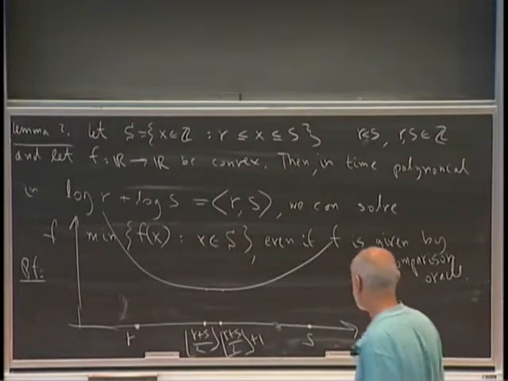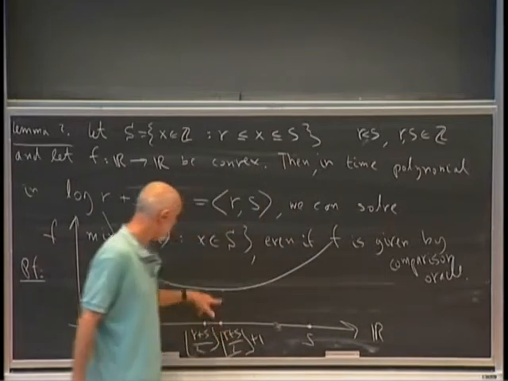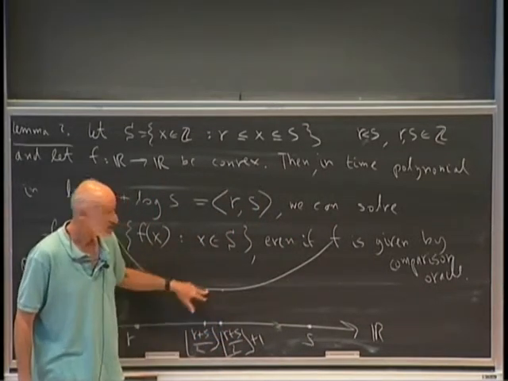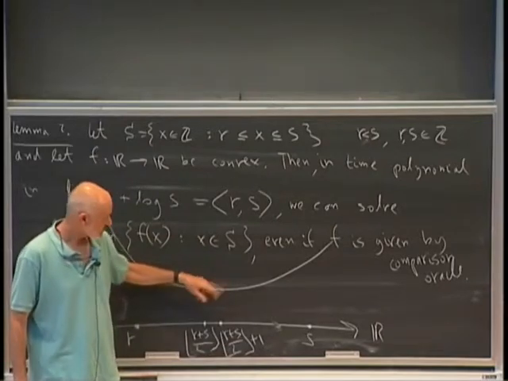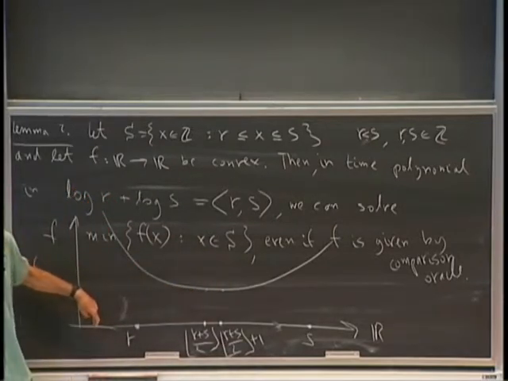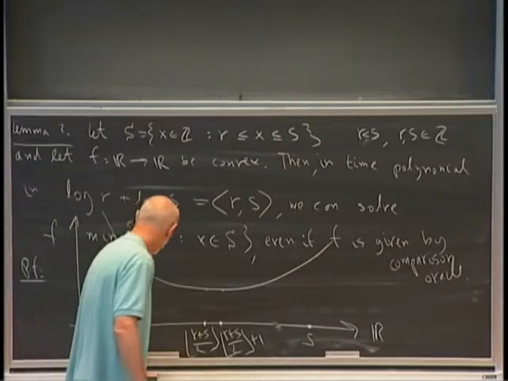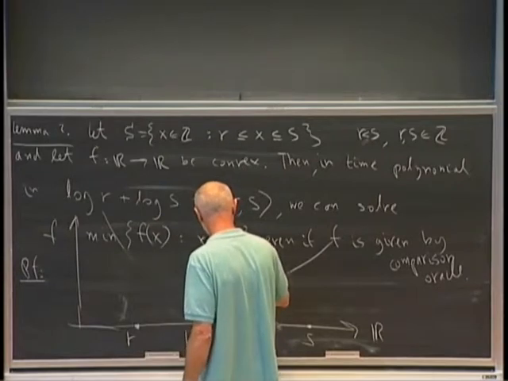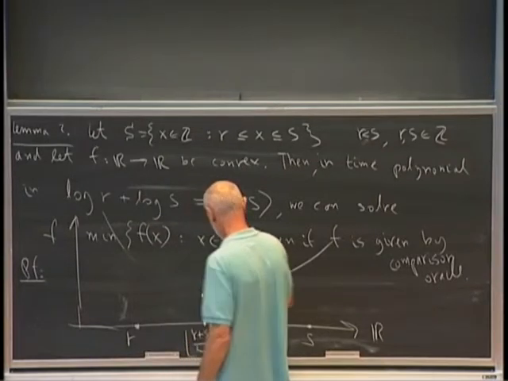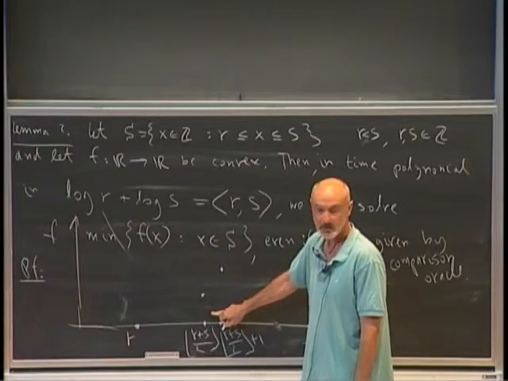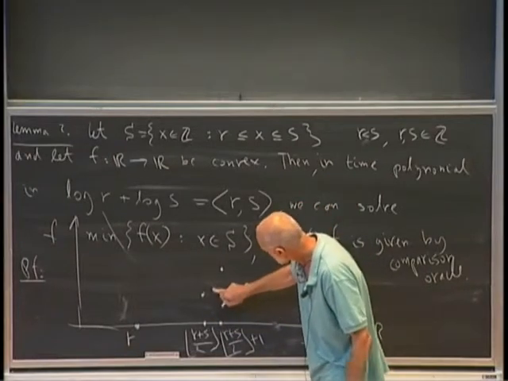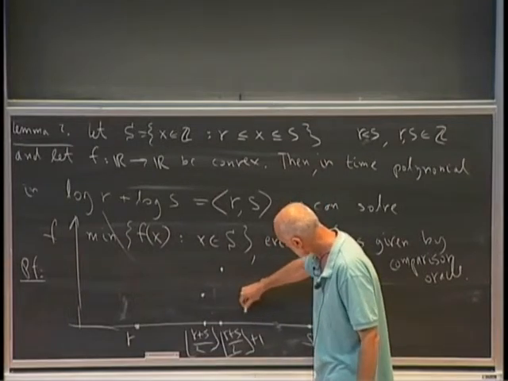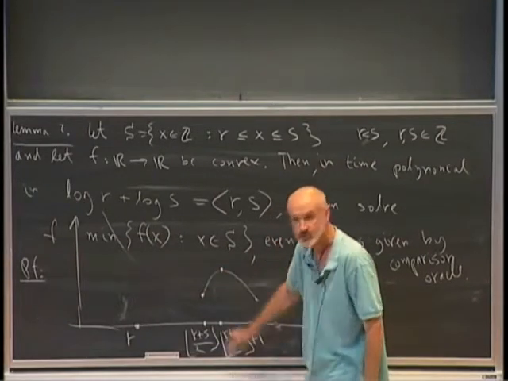Now, why is that? The algorithm is very simple. I compare them. If the answer is equal, then either of these is the minimum, let's say this one. If this one is bigger, then I'm saying that the minimum is going to be in this interval. Suppose it tells me this one is bigger. Then I'm claiming the minimum cannot be here. Maybe it's in the middle and it's not an integer point, but I don't care, I look at integer points. The minimum cannot be at some integer point here, because that would contradict convexity.